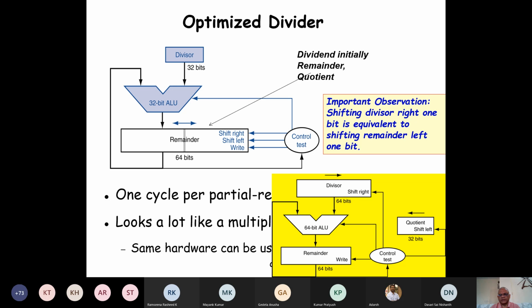Okay, let me just ask somebody. Devraj Maji, are you there? Devraj? Yes, sir. Devraj, can you please explain why we have to do this subtraction operation 33 times? Because in a typical manual division, we at most do 32.